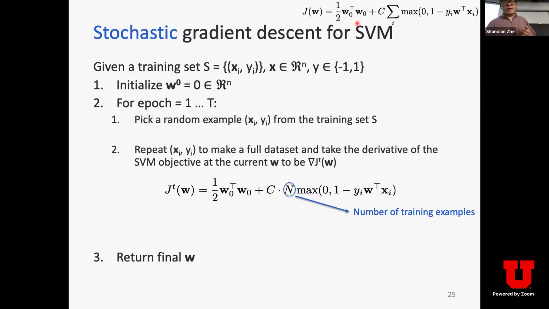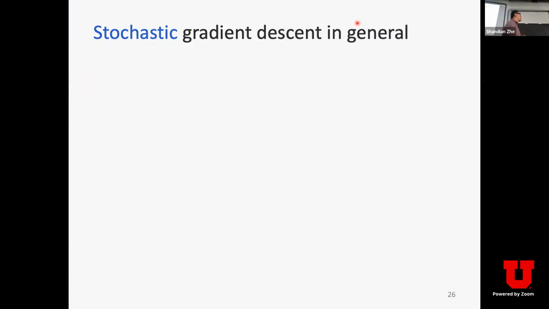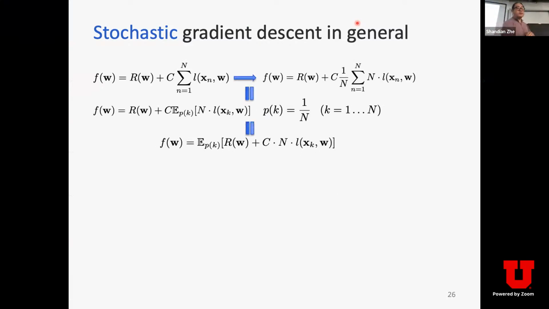Okay, so now let us explain mathematically why we should do this. We're going to talk about the general stochastic gradient descent framework. Suppose we want to optimize a function where the function contains some regularization term R, plus a summation over the loss term on a set of data points x1 to xN.